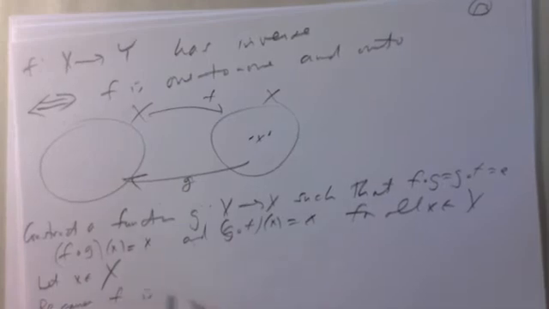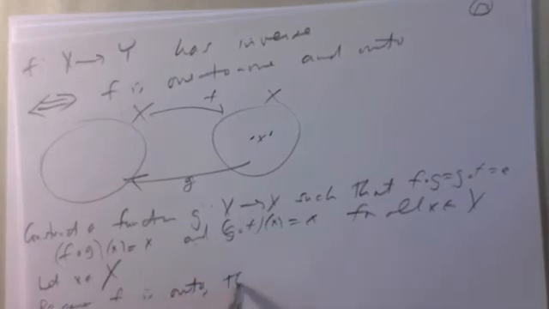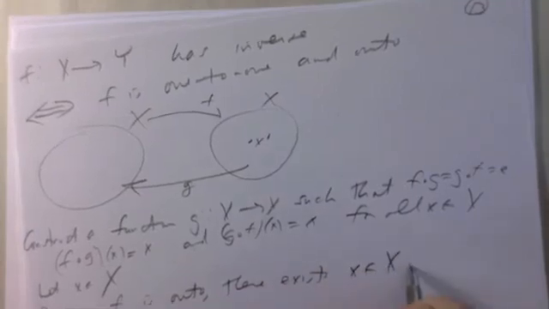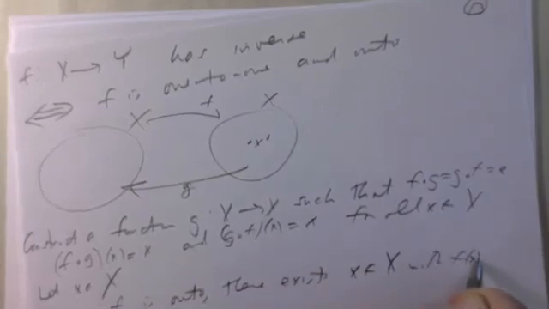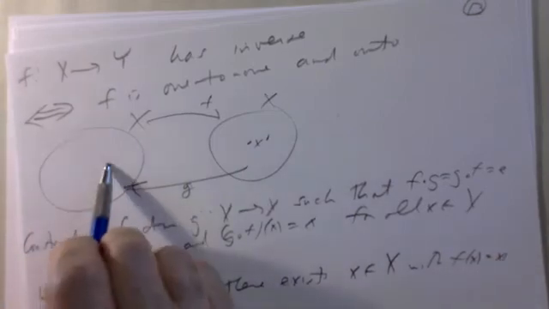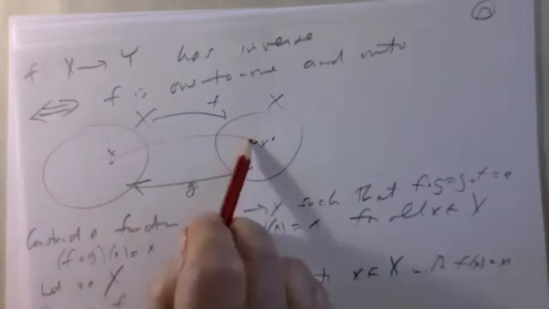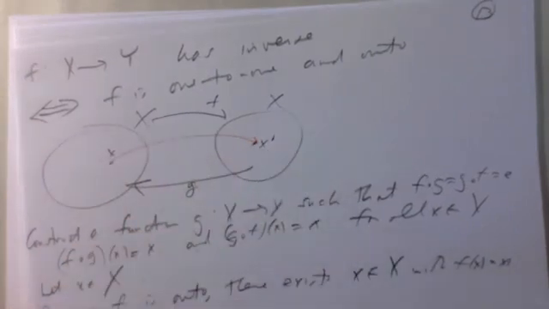Because the function f is onto, there exists an x in X with f of x equal to x prime. So there's some x over here that gets sent to x prime.